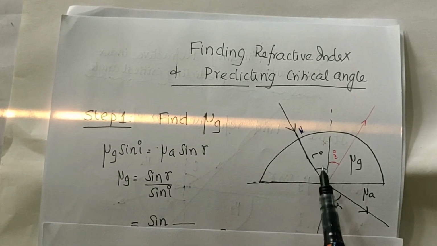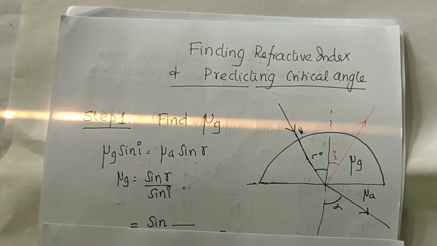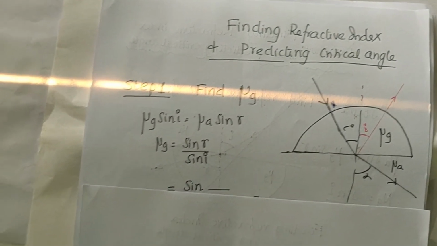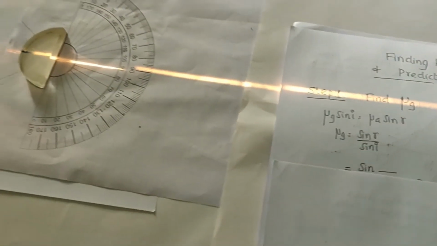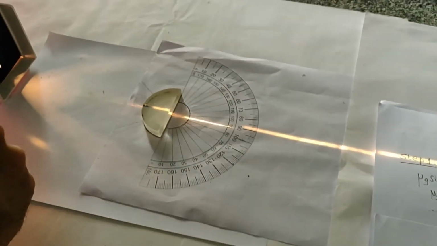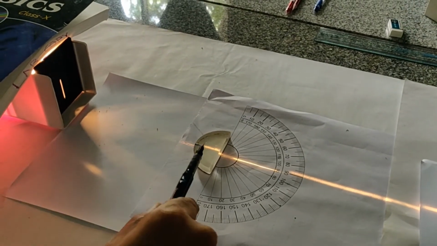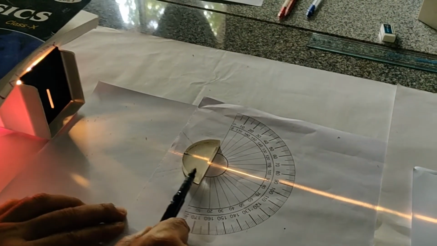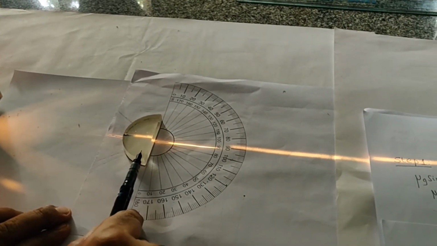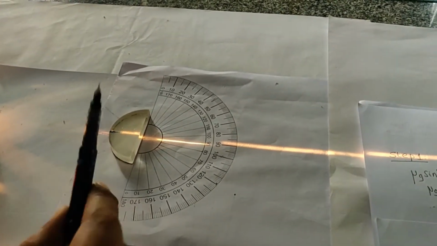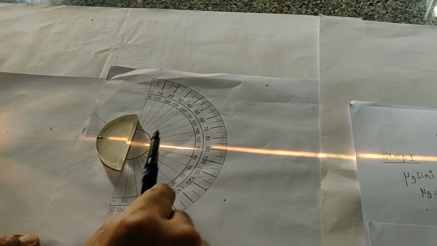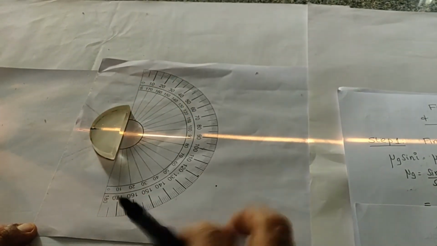Once you know the angle of incidence and refraction, we can find the refractive index. So here is the setup. We have this light ray box, and here is a semicircular disc, the glass block, and then here is a protractor which we use to measure.